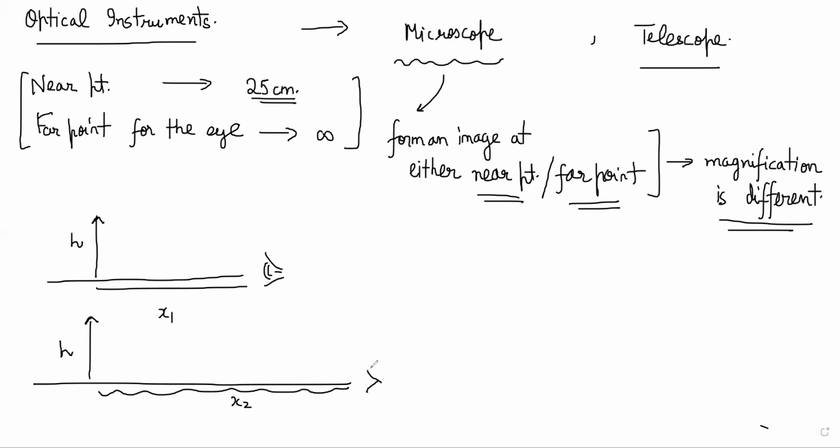Now, how do we get the sense of magnification here? Magnification is measured by the angle that it makes here. This angle theta 1 is your angular size of this object, right? And this angle theta 2 is your angular size here.